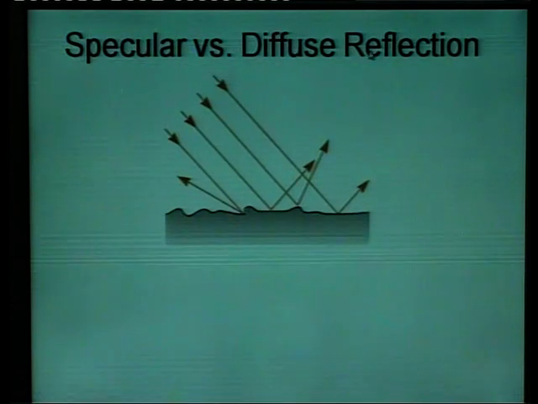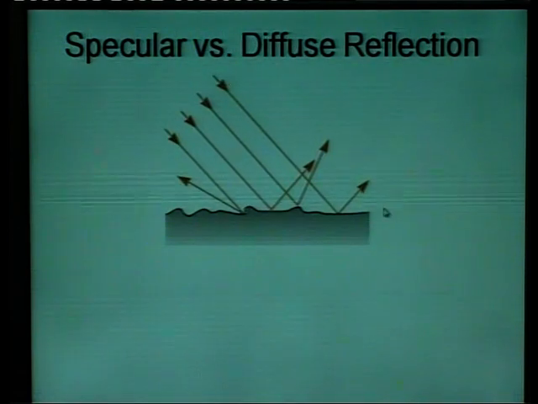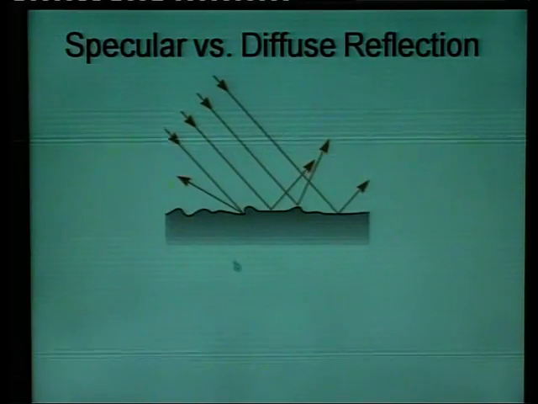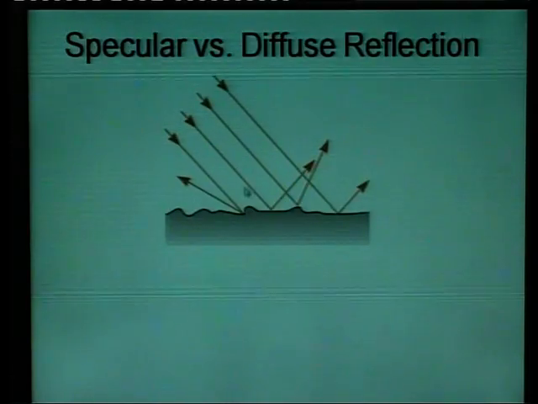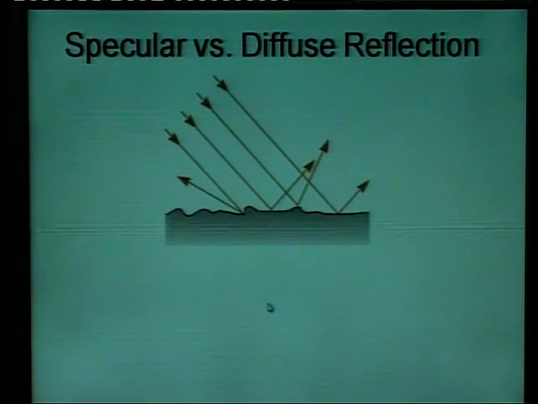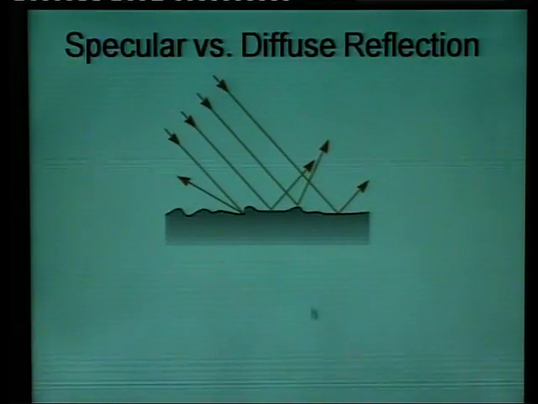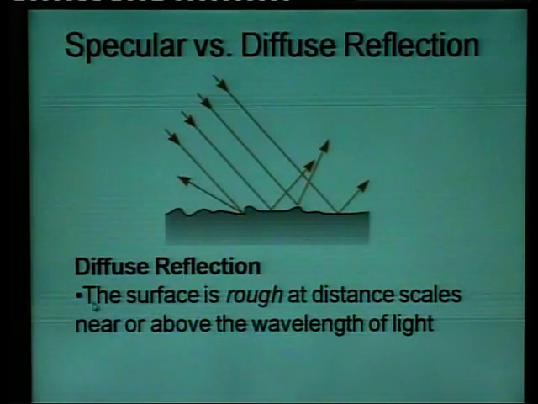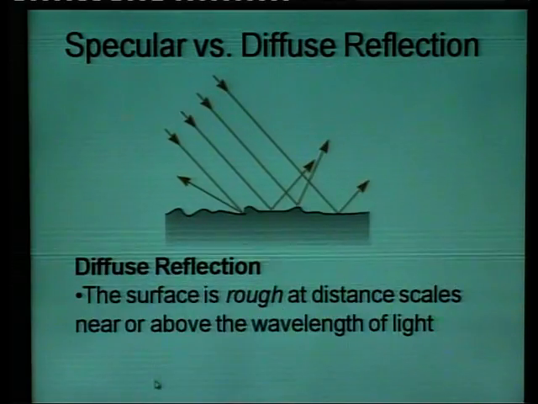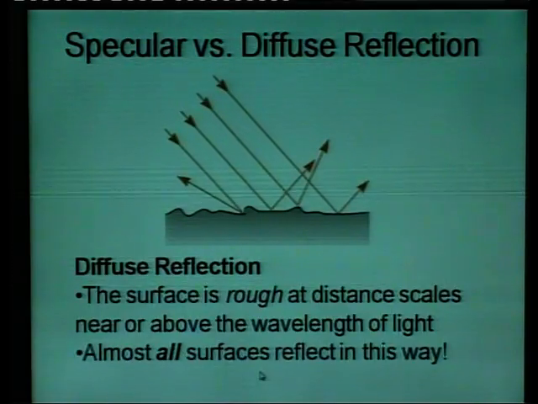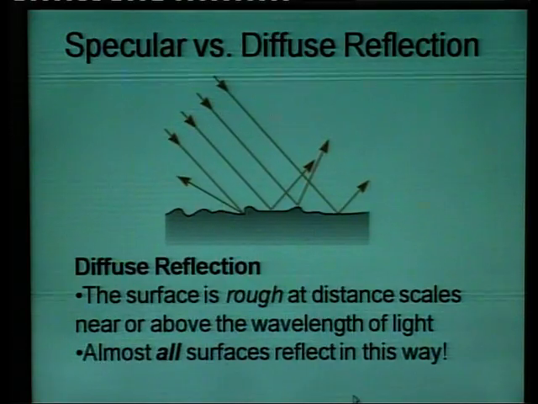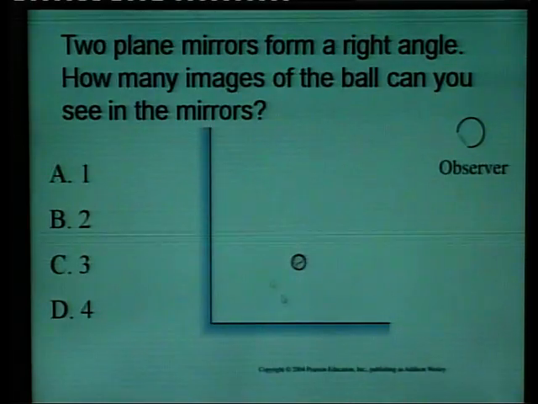While in diffuse reflection, just see here, the surface is rough, it is not smooth, it is not polished. So in this case, angle I will not be equal to angle R. Almost all surfaces reflect in this way. So this was diffuse reflection.